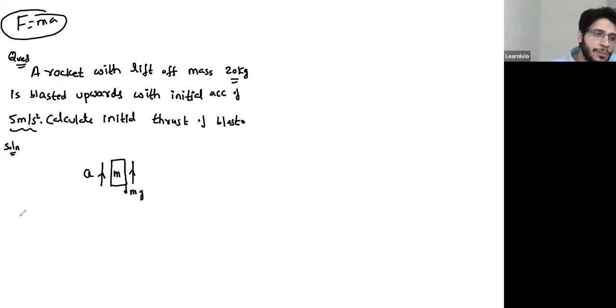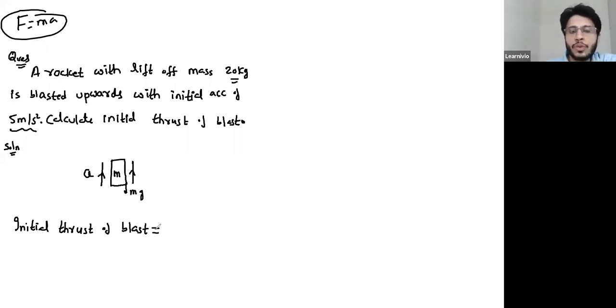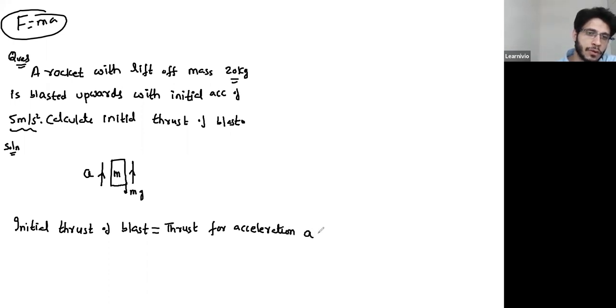So the initial thrust of blast is equal to thrust for acceleration a, plus thrust to overcome gravity.